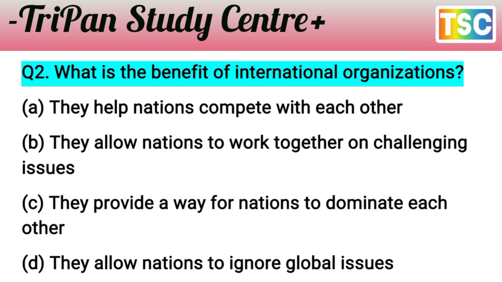They provide a way for nations to dominate each other, that's not right either, so C is also eliminated. The remaining option is B: they allow nations to work together on challenging issues. That is the benefit of international organization. B is the correct answer for this question.